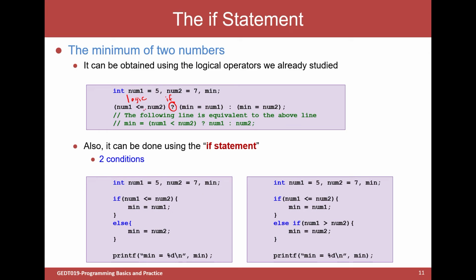So if this logic is true, do this one. Execute this one. What is this one? Minimum is number one. So minimum is equal to number one. So if the logic is true, do this one. Else, this one means else.